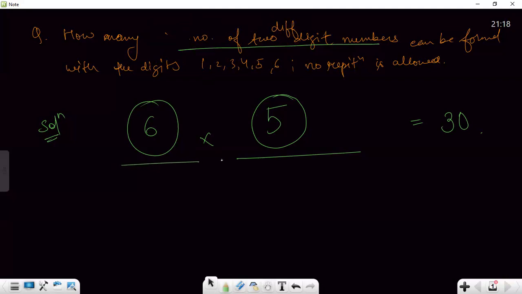So there are two places to be filled. We have six options. Options should not be repeated. So six options for filling the first digit, five options for the second one. And so we have 30 total number of ways. Why product? Because the events of filling the first place and the second place are dependent, because they are deciding the number. That's why multiplication is there. Any doubt, anyone?